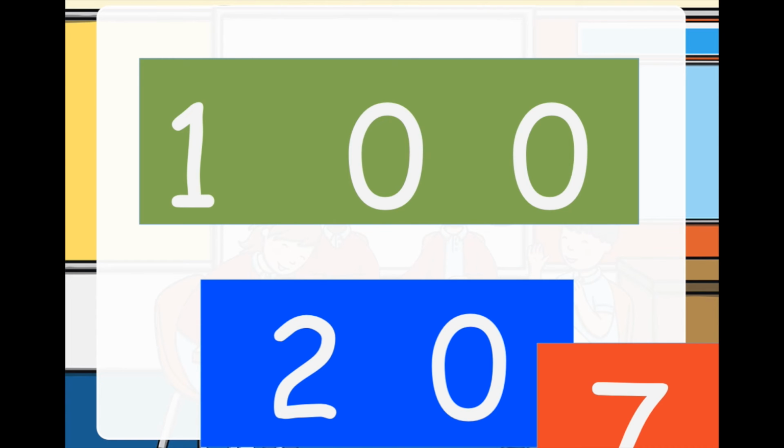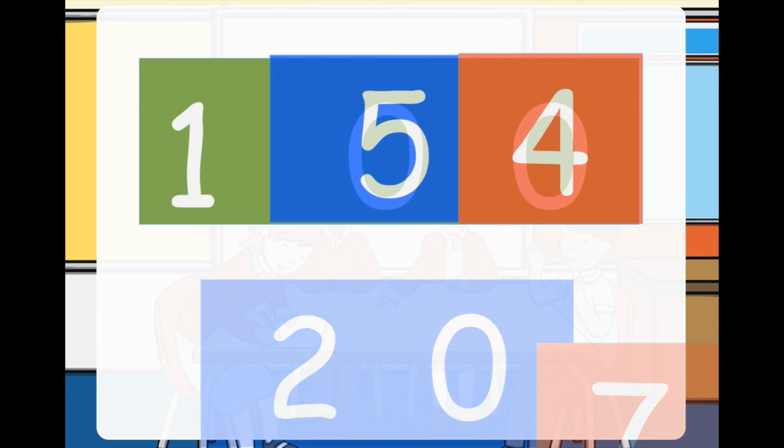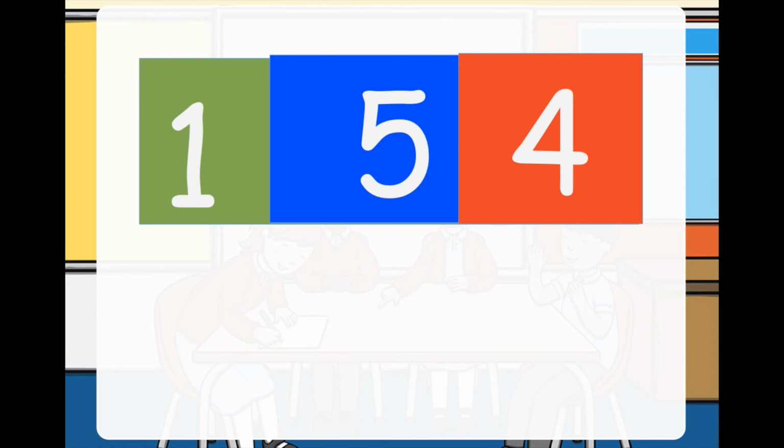So if you were partitioning that into an addition equation, it would be 100 add 20 add 7 equals 127. Now let's look at one last example. 154. How many hundreds, how many tens, and how many ones are in this number? Can you show this in an equation?